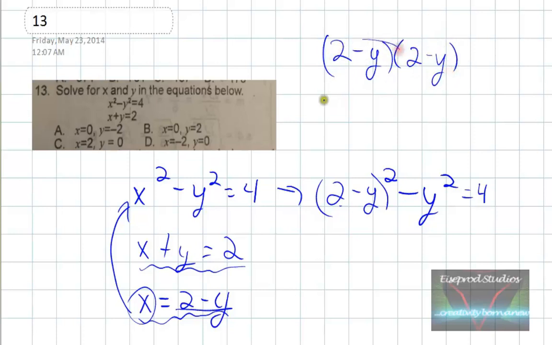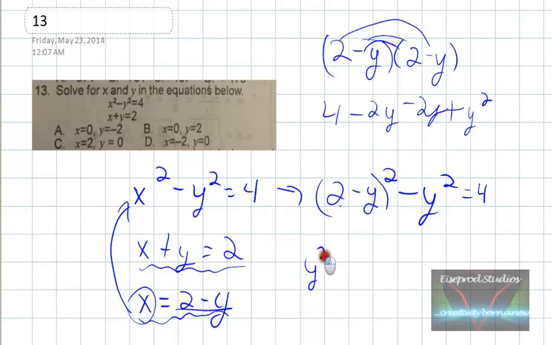So this would be 4. This would be minus 2y, and then plus y squared. And so I'm going to write y squared minus 4y plus 4 minus y squared is equal to 4.